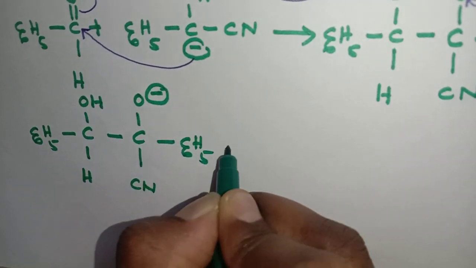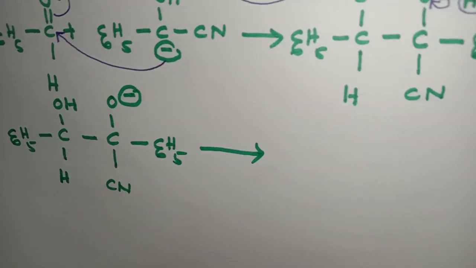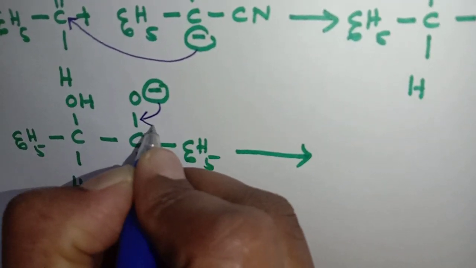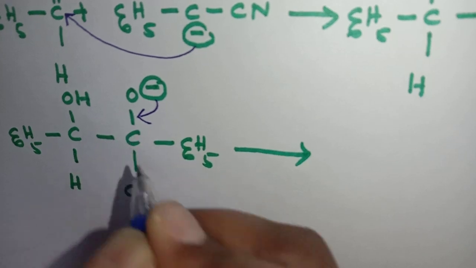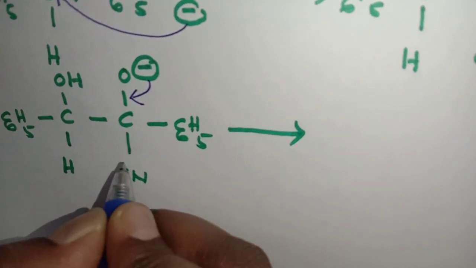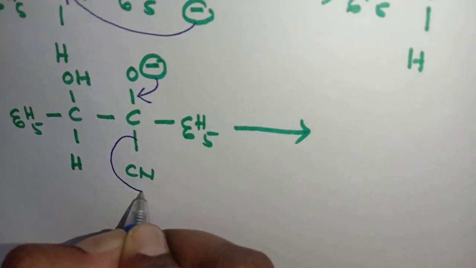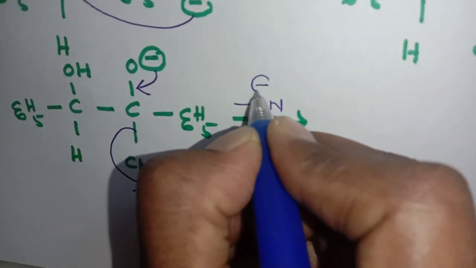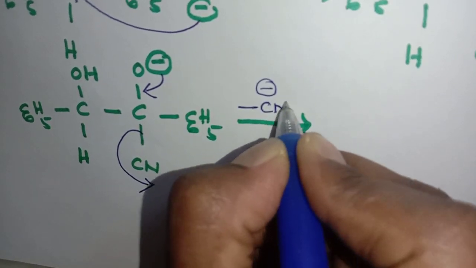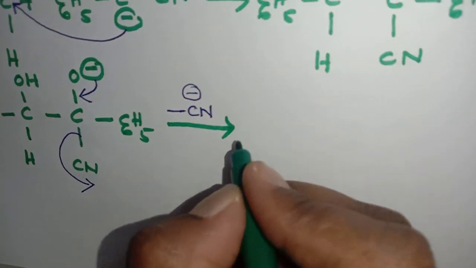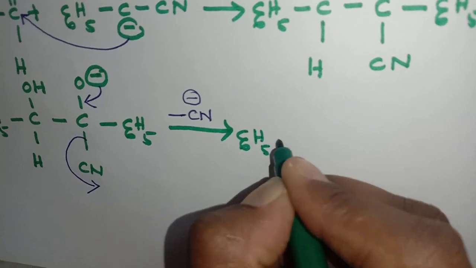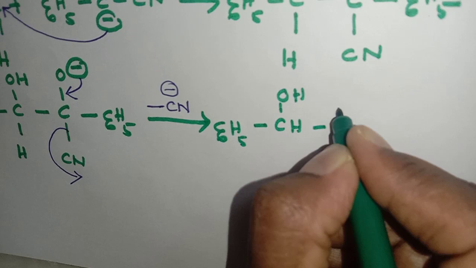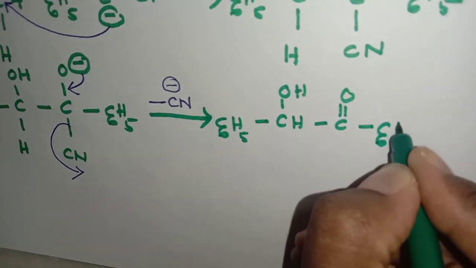Okay. So in the last step, this negative charge on oxygen comes back in between carbon and oxygen, and this CN along with the 2 electrons comes out as CN minus, forming C6H5 CH OH C double bond O C6H5.